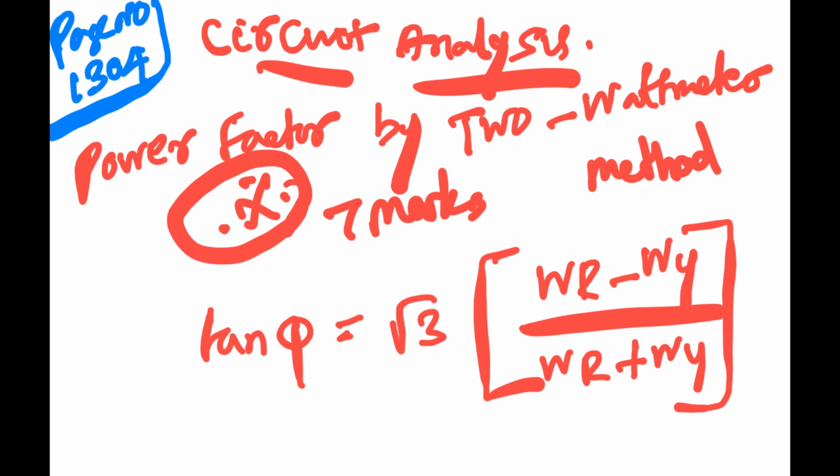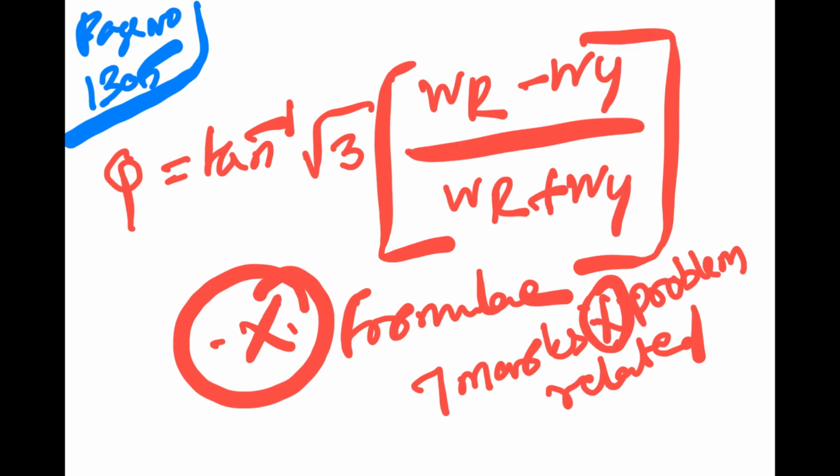Circuit analysis: power factor by the two wattmeter method is asked in 7 mark questions, and total power is also asked within 7 mark questions. Tan phi is root 3 times (WR minus WY) divided by (WR plus WY). From this formula we obtain phi equal to tan inverse of root 3 (WR minus WY) divided by (WR plus WY).